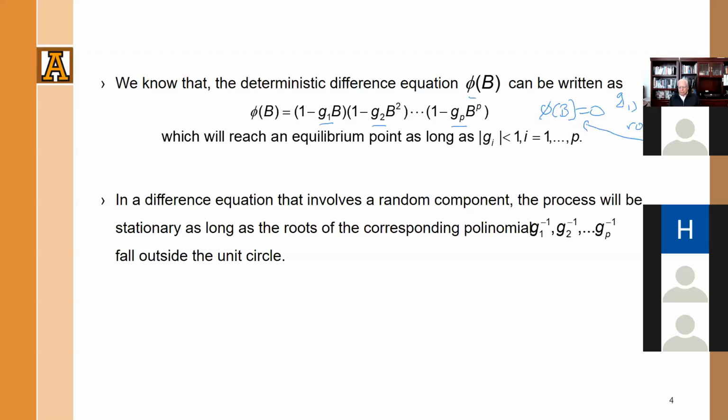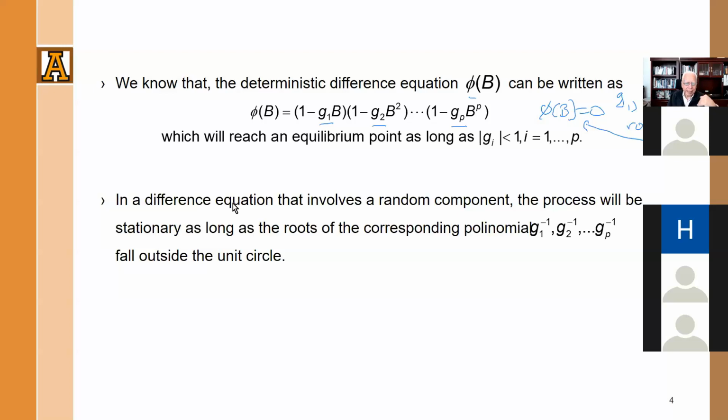If we involve the random component, then, in the deterministic world, if a difference equation of this form is such that the roots of this characteristic polynomial lie outside the unit circle or the unit sphere, it's a p-dimensional sphere, then we'll have equilibrium in the difference equation.